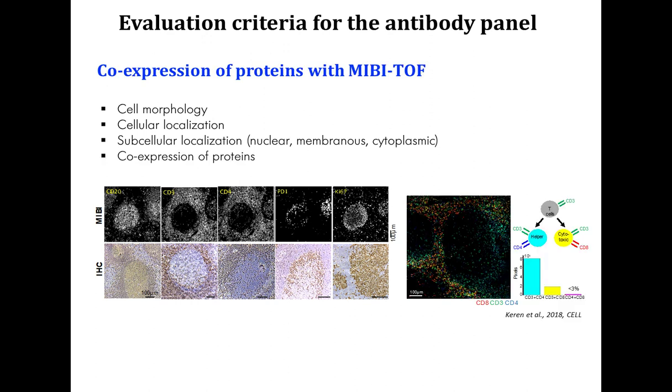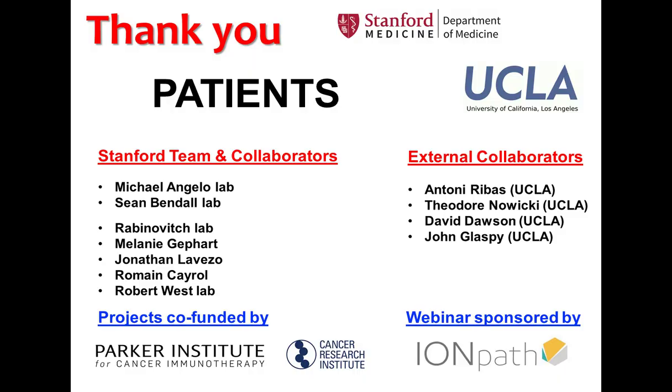To conclude, in combination with visual comparison between IHC and MIBI, we also evaluate the co-expression of proteins on the same cell based on known biological properties of the marker, or no significant co-expression due to expression in a different compartment of the cell or on a different cell type.